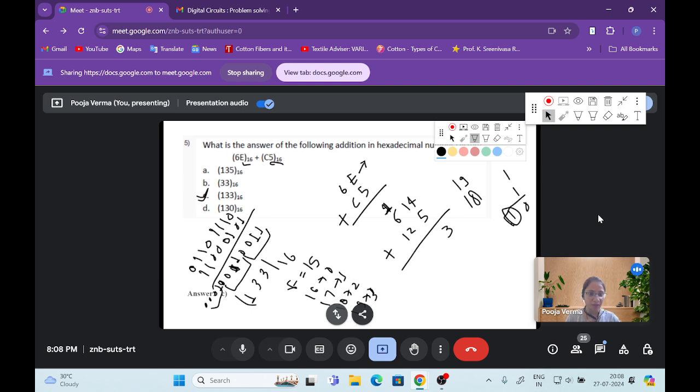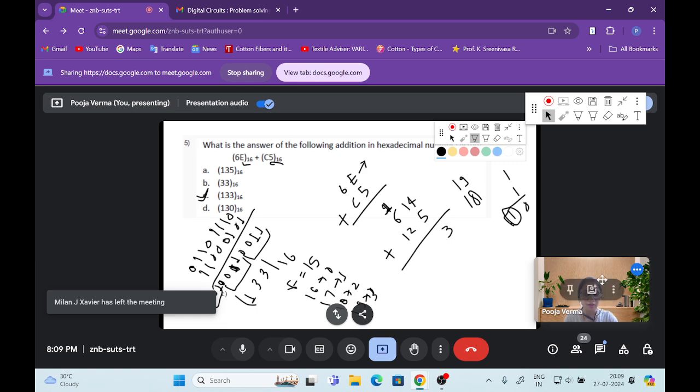When you are in octal number, after 0 to 7, when it comes to 8, that 8 we consider as 0 and 9 will be considered as 1. It is a number system representation.